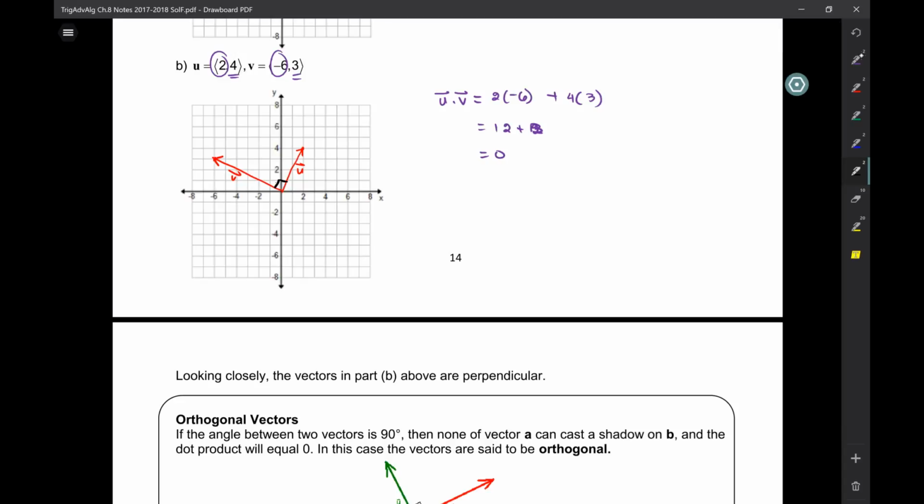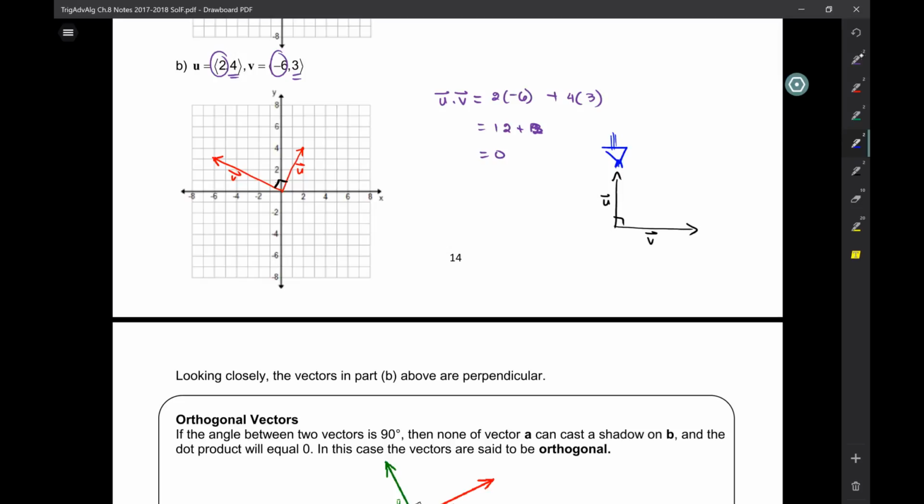So if the angle between two things is 90 degrees, like u and v, and if I cast a shadow that's perpendicular to v like this, if this is the light going down like this, how much shadow is u going to cast on v?